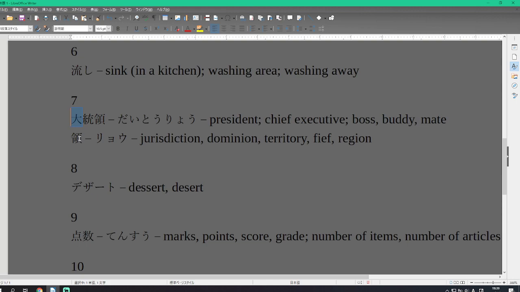Is your jurisdiction, fief, rule, or region, as in daitoryou, the big ruling jurisdiction guy, our president of a company or the boss.